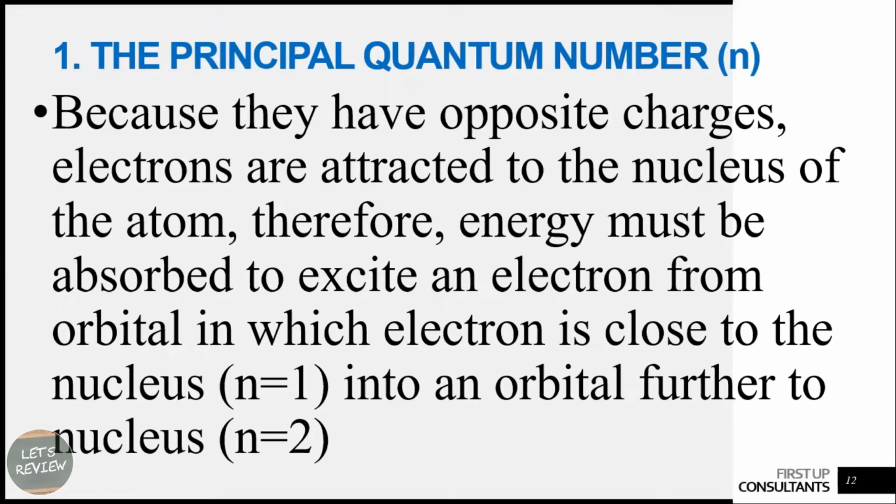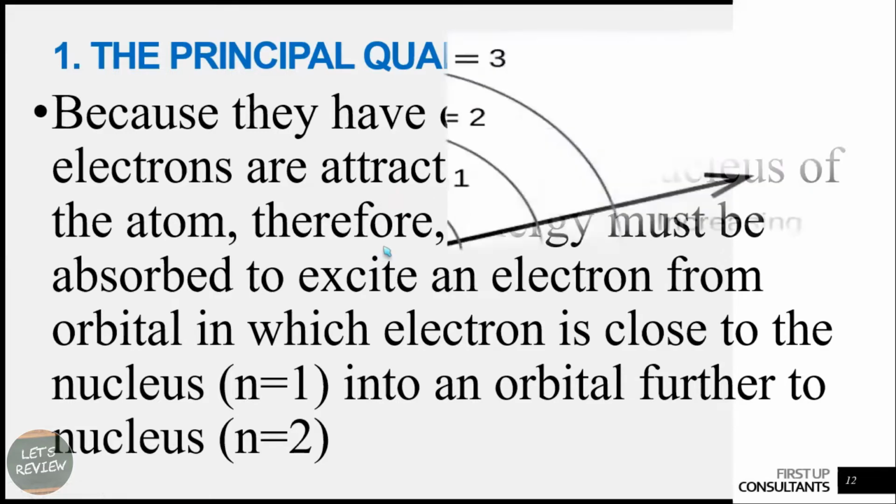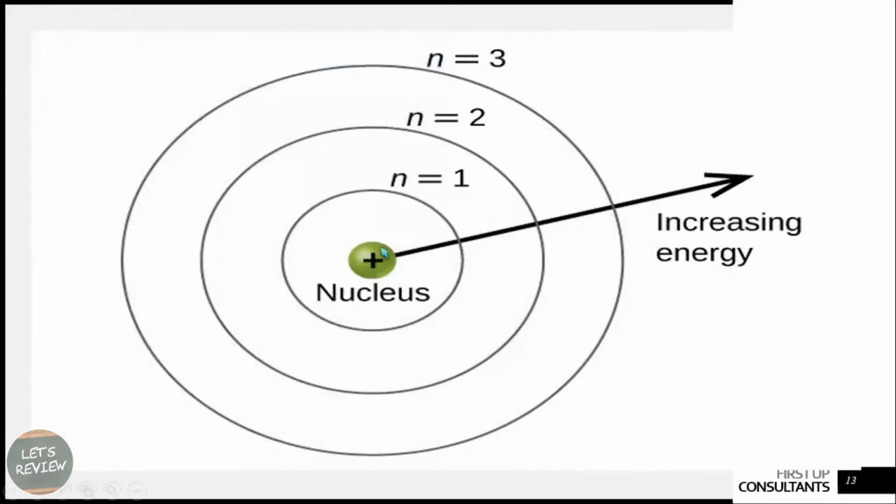Let's say n equals 2. Again, the energy must be absorbed to excite an electron from the orbital so that we can overcome the attraction between the nucleus of the atom and the electrons.